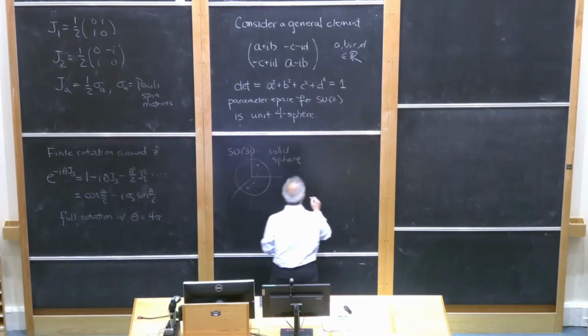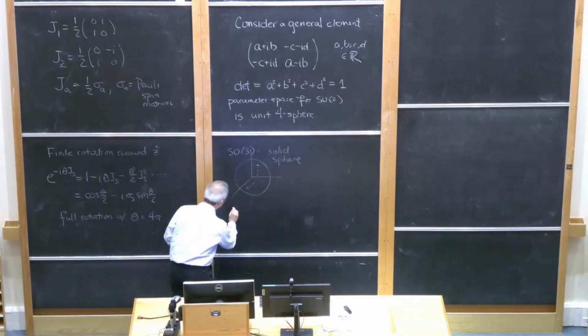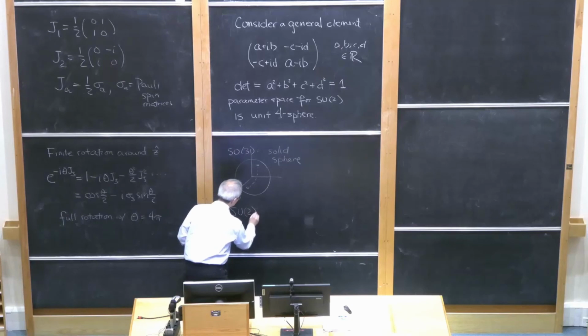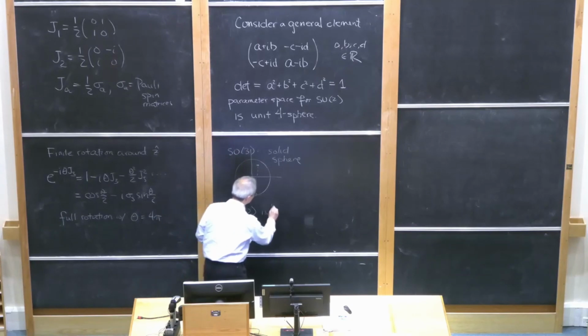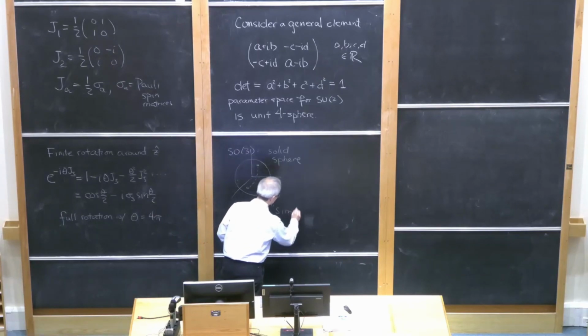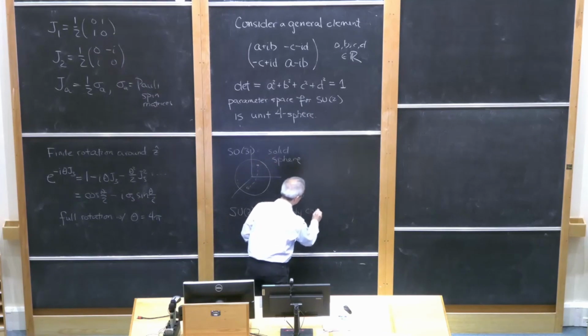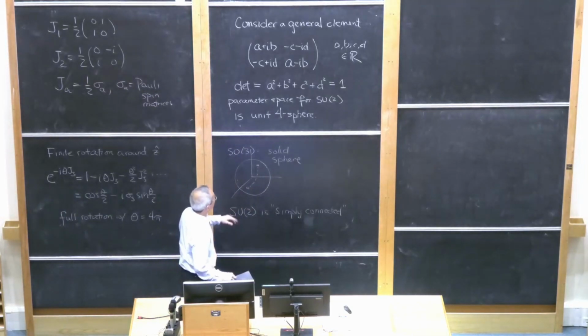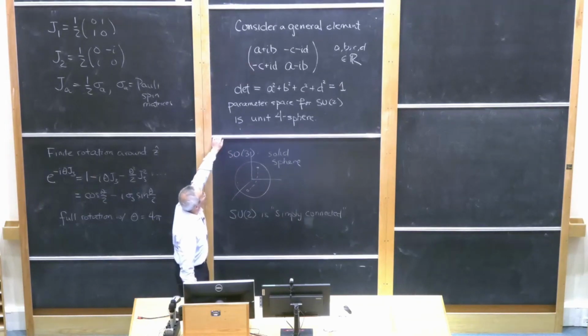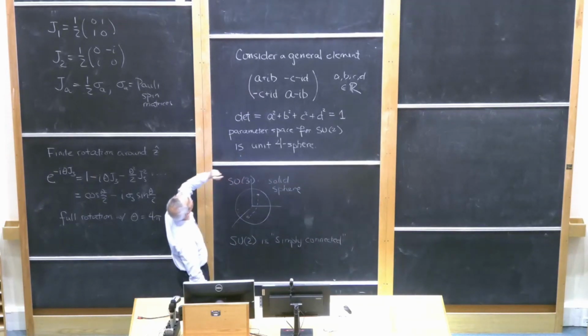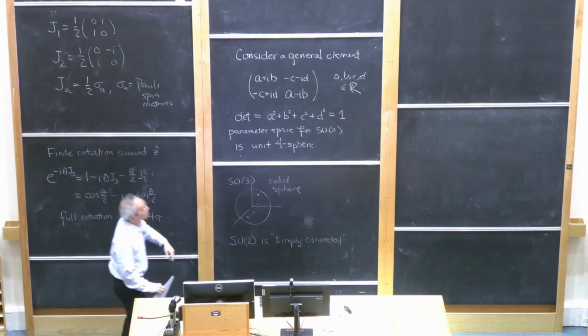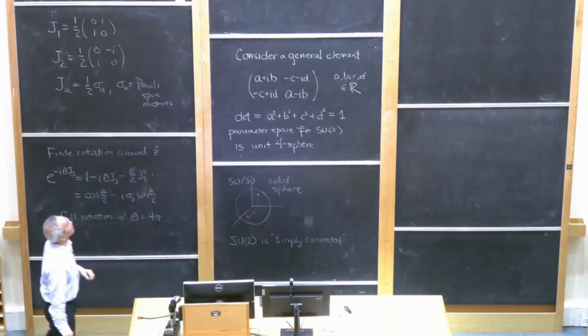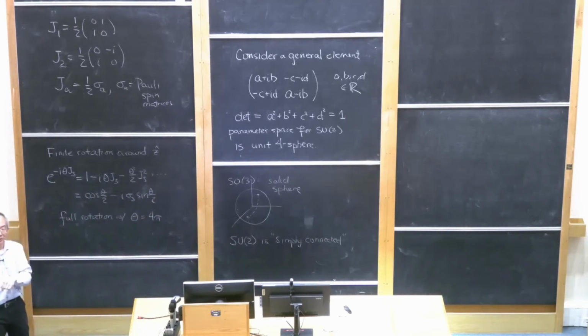So therefore, we will write somewhere around here, SU2 is what we call simply connected. Okay? And in general, the simple connection is actually intimately tied with the fact that we have the 2 elements of SU2 corresponding to every element of SO3.